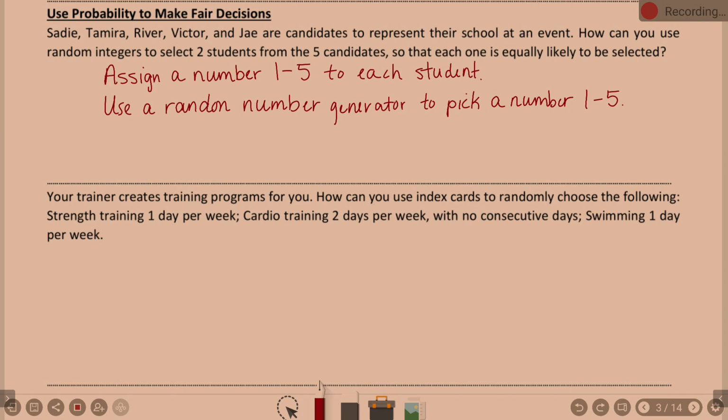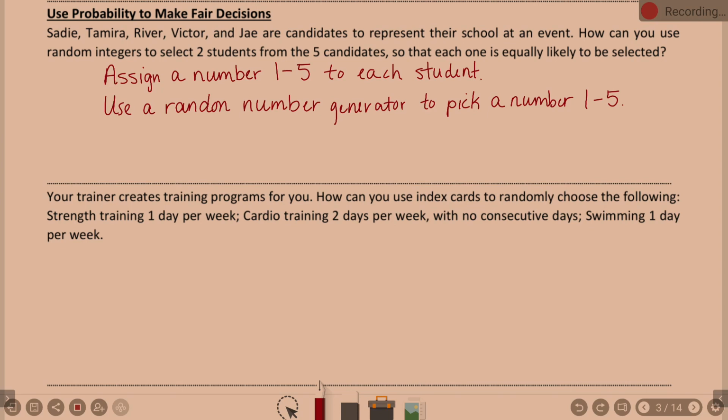Another scenario. Your trainer creates training programs for you. How could you use index cards to randomly choose the following? Strength training 1 day per week, cardio training 2 days per week with no consecutive days, and swimming 1 day per week. Kind of like the same thing we just did. You could put strength training on one card, cardio on 2 cards, and swimming on 1 card.